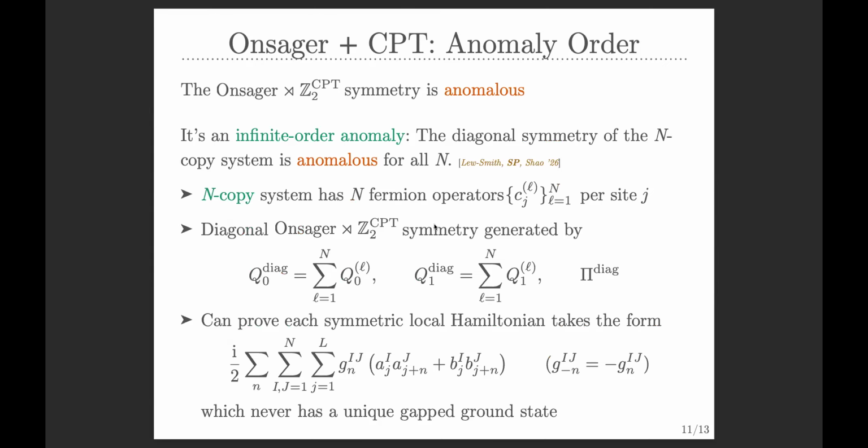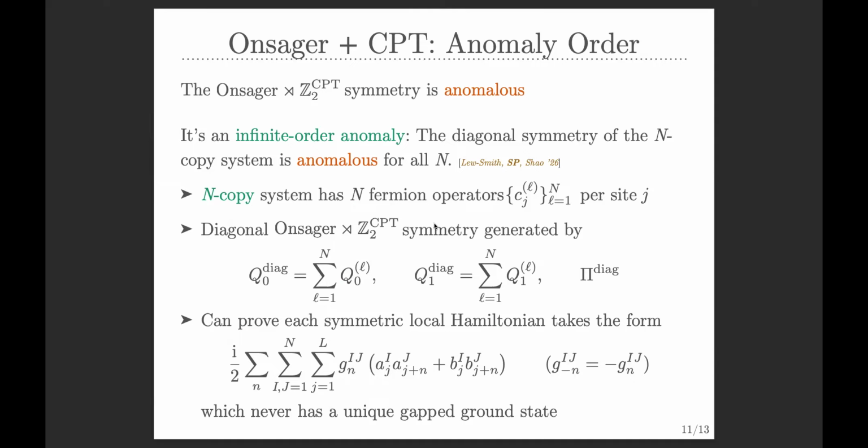So the n copy system now on each site will have n complex fermions, and we'll have a big diagonal symmetry generated by the following. Here, pi diag acts on each complex fermion as the respective pi of that complex fermion. And in this context, you can prove, again, that the most general local symmetric Hamiltonian is quadratic and takes this form.